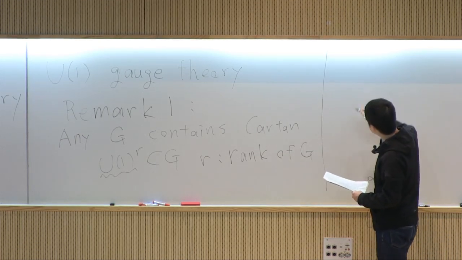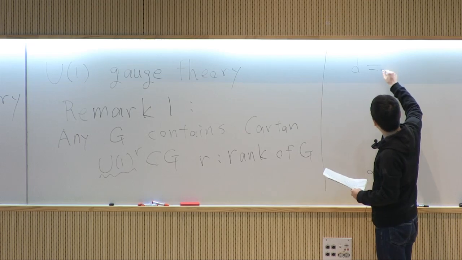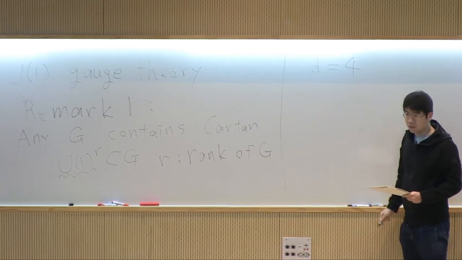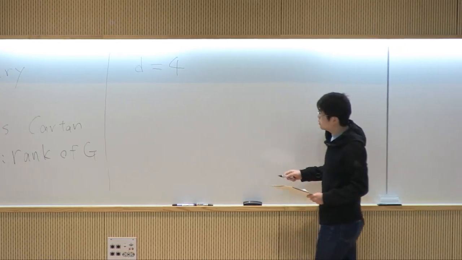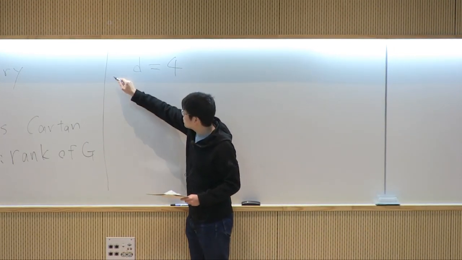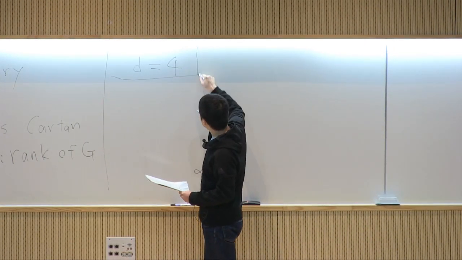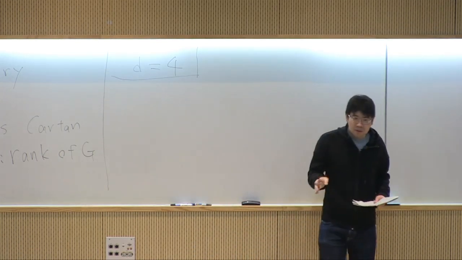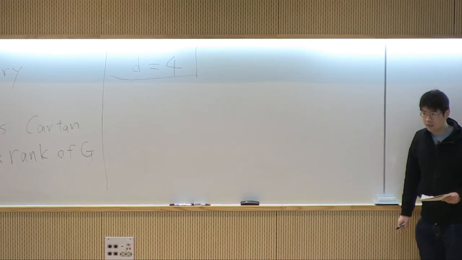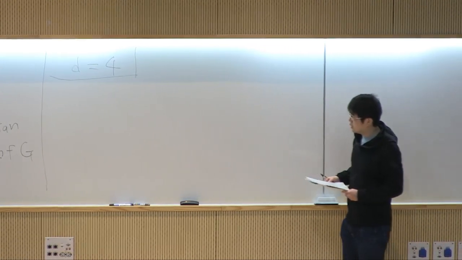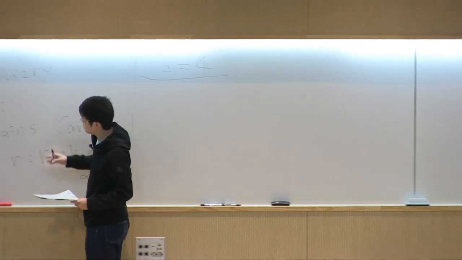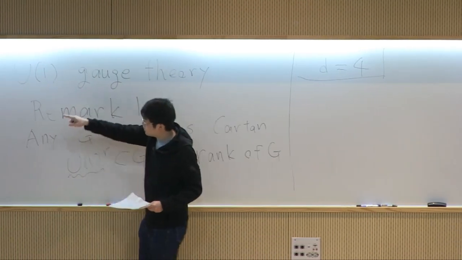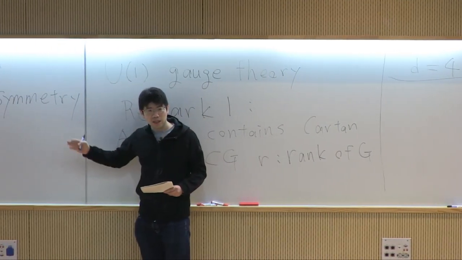In today's lecture, I just discuss the case of 4 dimensions. But it is very easy to generalize it to other dimensions, such as 3 dimensions. There are many people studying 3-dimensional gauge theories, and they extensively use this concept of one-form center symmetry and its generalizations.